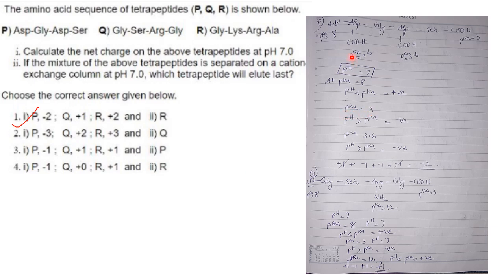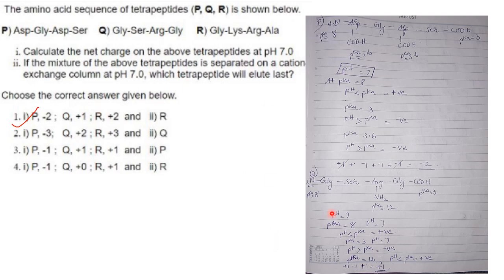For the terminal carboxylic group, pKa is 3 and pH is greater than pKa, so you get a negative charge. Similarly, for 3.6 you will get a negative charge. Adding all together, this is plus 1, minus 1, minus 1 and minus 1, so you will get minus 2. So P is minus 2. The first answer itself is correct, but we will see the others also.